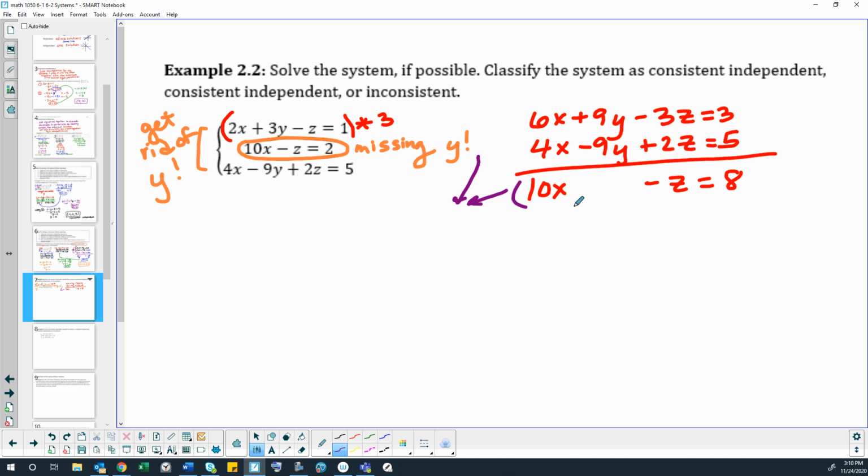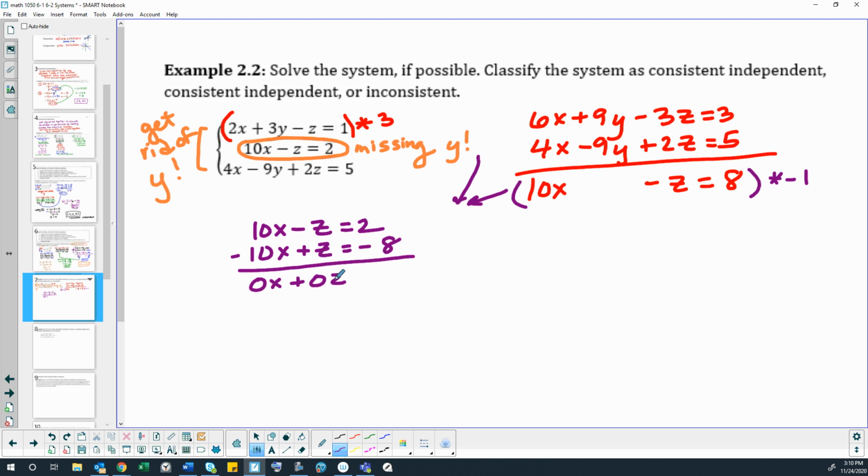So I'm going to take this whole thing, 10x minus z equals 2, and multiply by negative 1, we get negative 10x plus z. I don't know if you can see what's going to happen here, but when we add these together, we end up with 0x and 0z and a negative 6, which is impossible. So this is no solution.